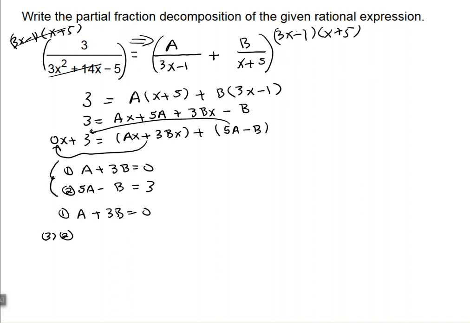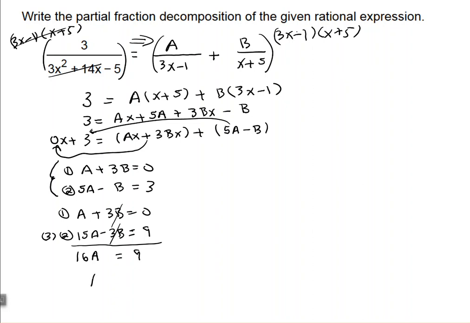So that will give me negative 3B to cancel with the positive 3B. So 3 times 5 is 15A minus 3B, and then 3 times 3, don't forget to multiply by the other side of the equal sign as well, it's 9. All right, combine those. We have 16A, the B's cancel, equals 9.